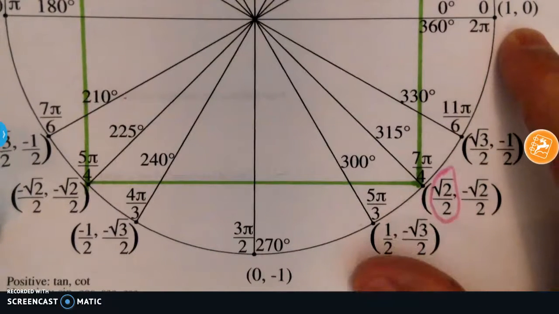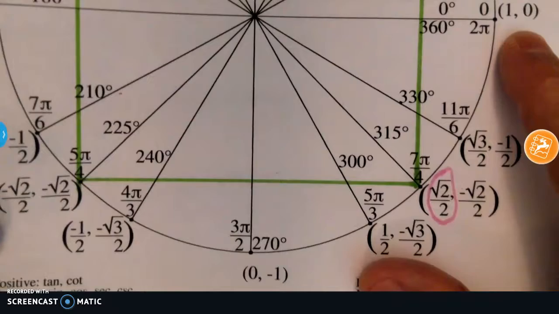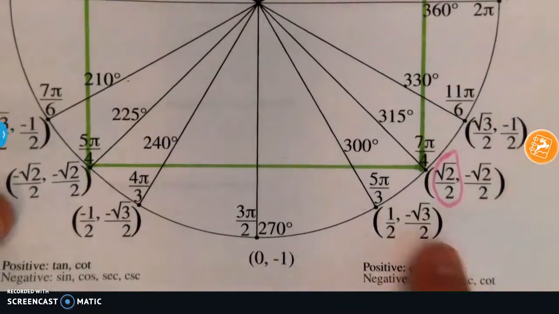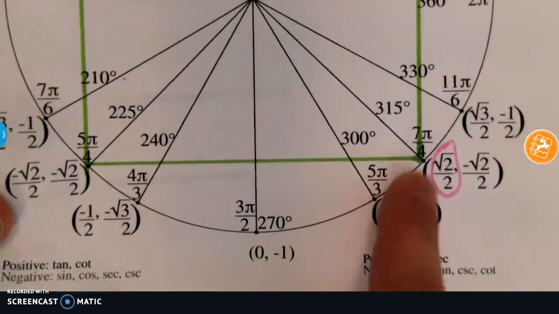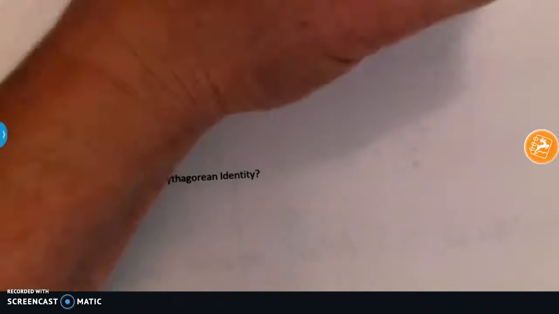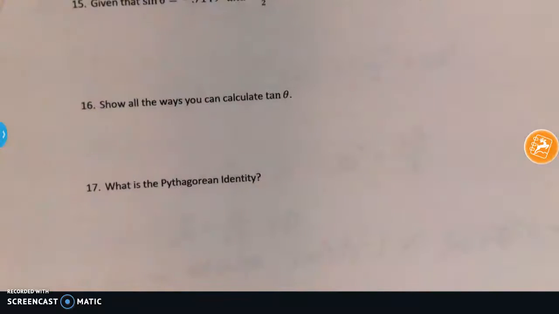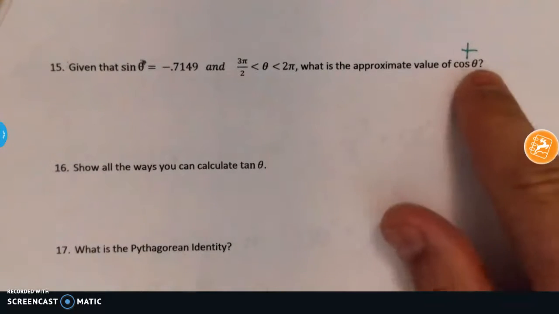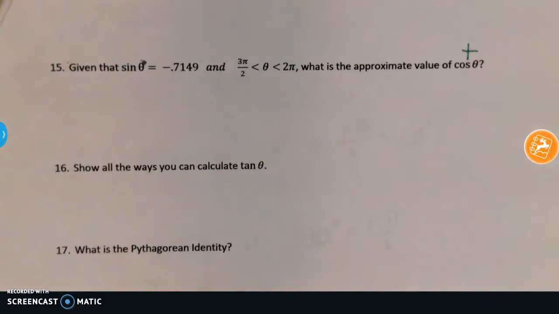Now this is the fourth quadrant, and we're looking for the cosine. So the cosine are the x values. Notice all the x values here are positive. So we know our answer is going to be a plus number. So our cosine value is going to be a plus number.